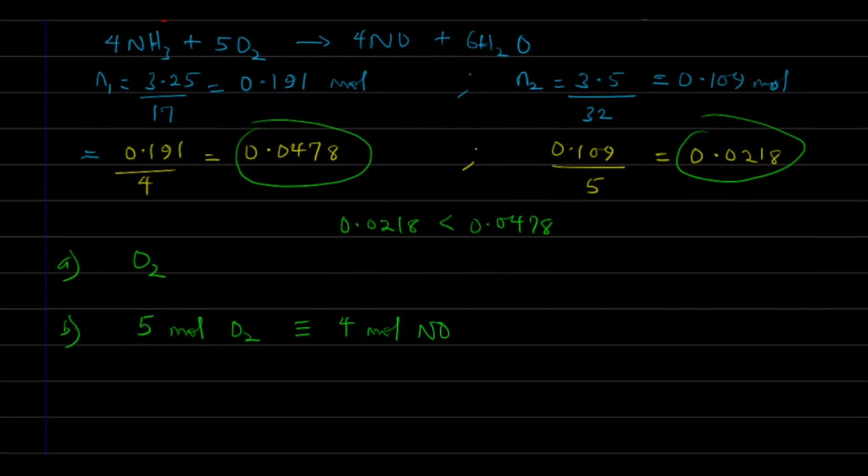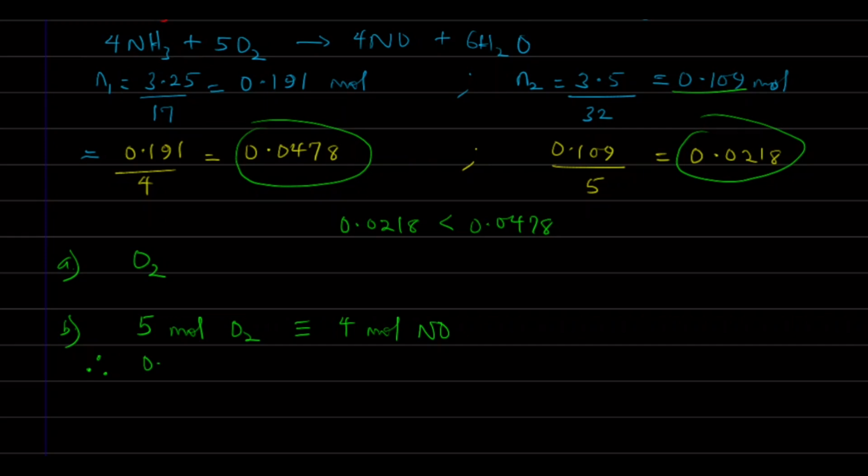Therefore, the number of mole of oxygen in the question is 0.109. We are not going to make use of 0.0218. 0.0218 is just used to get the limiting reagent. The mole of oxygen itself is 0.109.